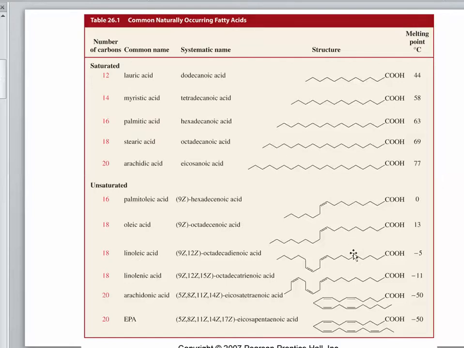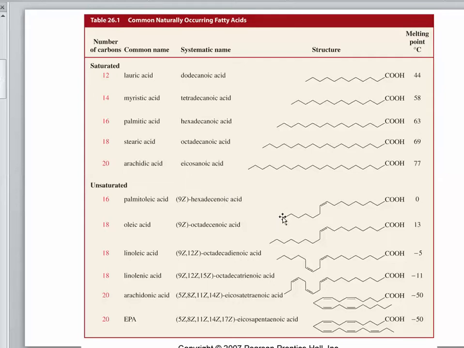However, all of these down here below have double bond character. So we see 16 carbons, it's not palmitic acid, but palmitoleic acid. And if I want to give that a systematic or IUPAC name, it looks like there is some stereochemistry here at carbon number 9. So let's figure out where that comes from.